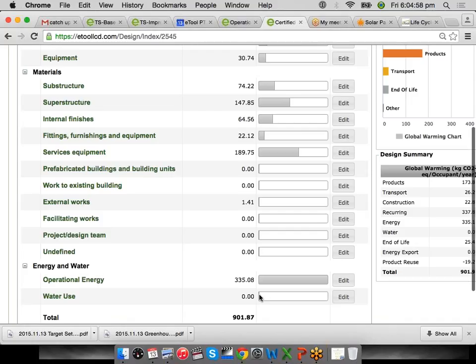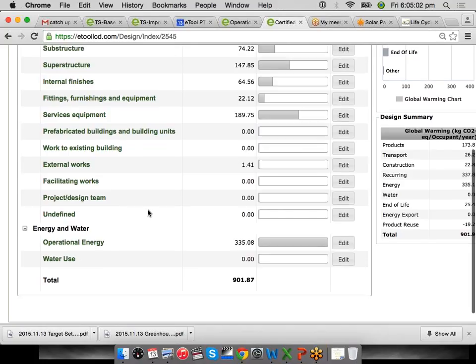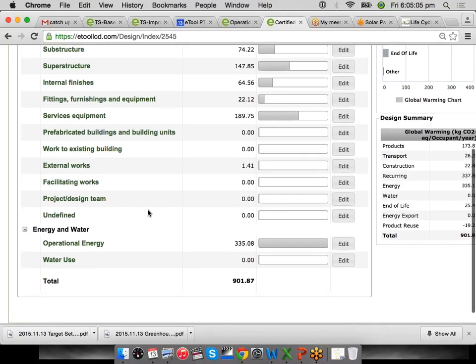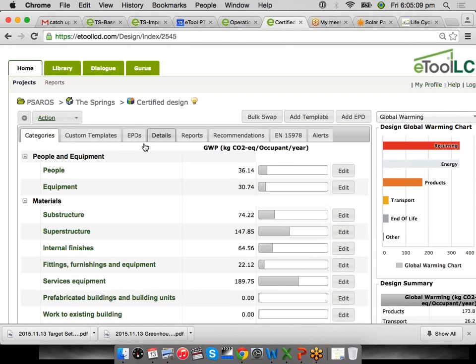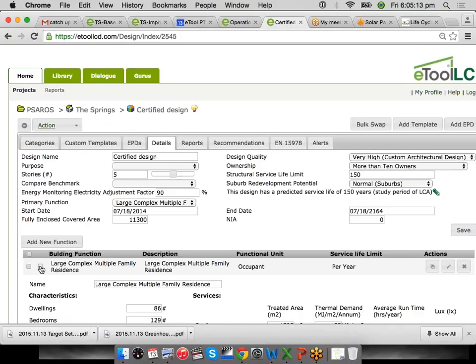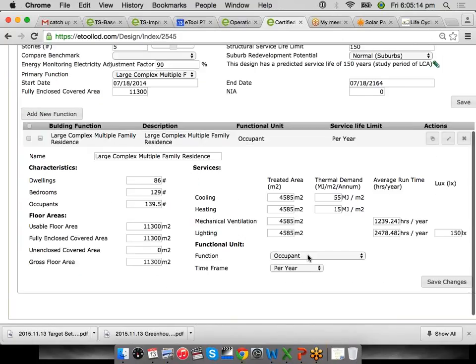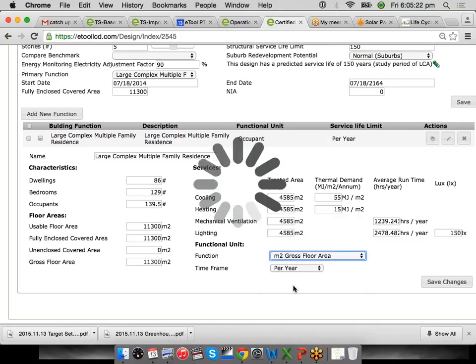So what is the impact per metre square of net lettable area or net occupied area as compared to the population? So this is 900 kilograms per occupant per year. You can change your functional unit, let's say to meter square of gross floor area.